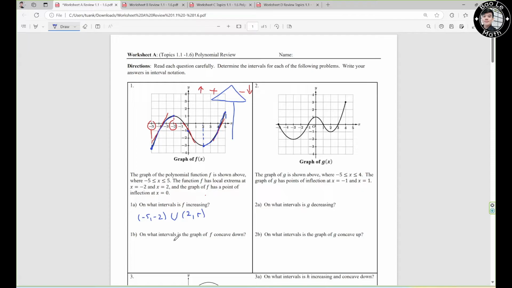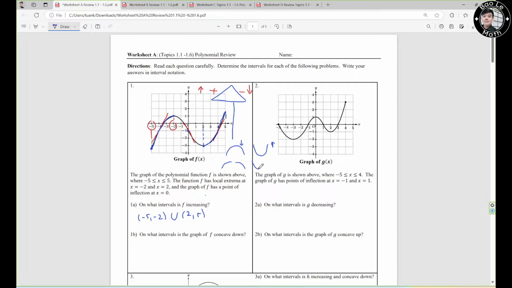On what intervals is the graph of f concave down? Okay, so if you see the graph go like this, it's concave down, and this guy's concave up, right? So this is concave down and this is concave up. If you have half of a shape like this or like this, it's concave down.